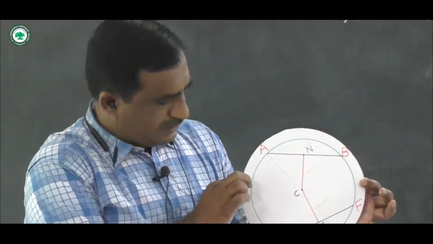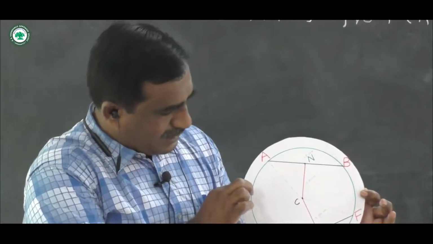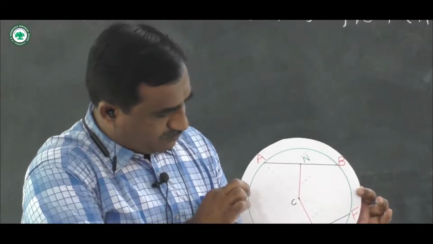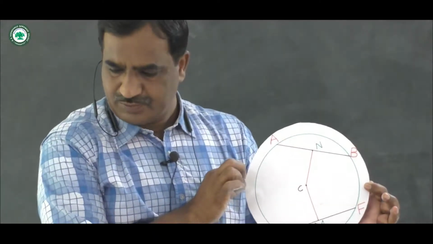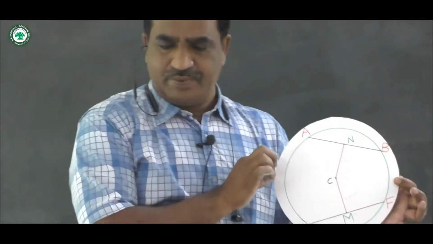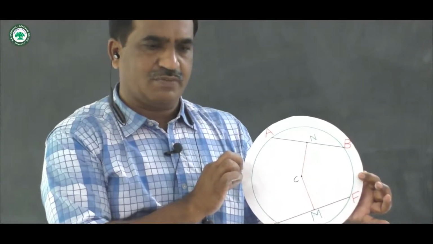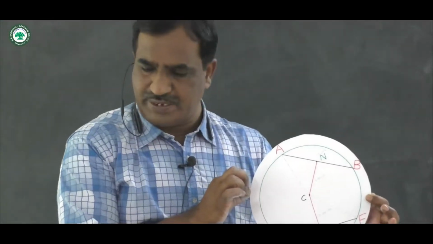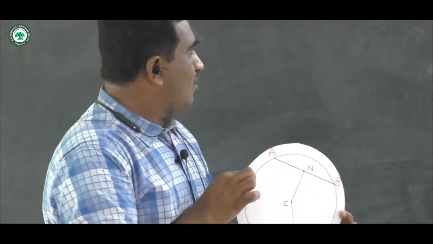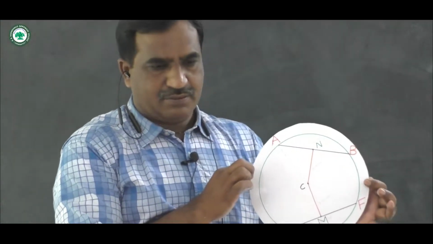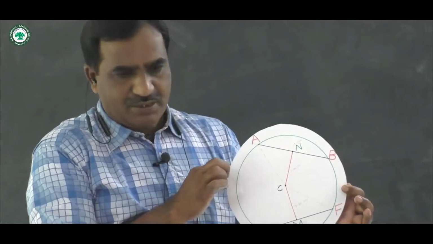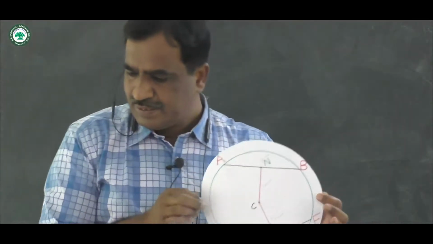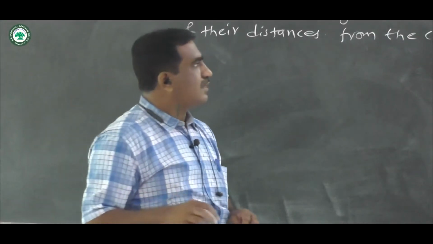Chord AB equal to 15.5 and chord DF is also 15.5 centimeter. The congruent chords of a circle are equidistant from the center of the circle. This is one of the properties in relation between congruent chords and perpendicular distances from the center. Now we have to see the next point, circles in a plane.